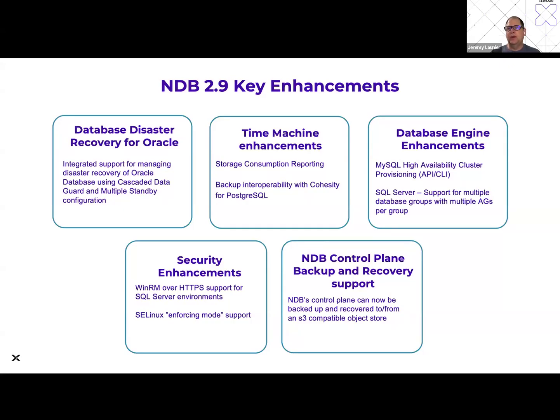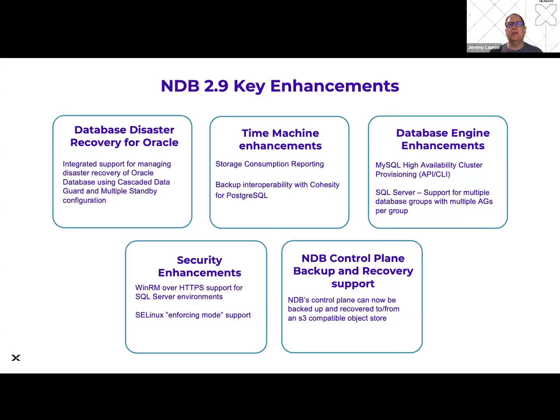There's also been some continued enhancements to our time machine. For those of you that participated or sat in on previous tech talks, you know that we have been focusing a lot on enhancing time machine. In 2.8 and in 2.7 in the past, we added a lot of improvements around health monitoring and health visibility of time machine. In this release, we've continued to enhance the time machine by now including more sophisticated storage usage reporting, both at the cluster level across time machines, snapshots, clones, things like that, which encompass both snapshots and the log backups, but also individual usage per database server as well and per database.